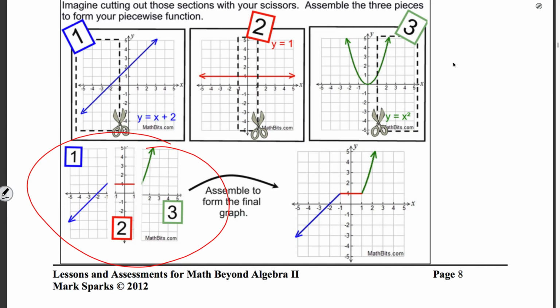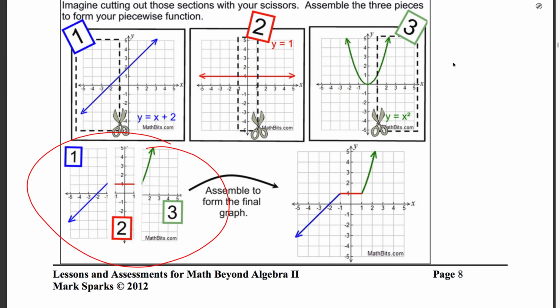And how do you decide where to cut the pieces? The where column tells you where to cut. This one says, from -infinity up to -1, use the first graph.